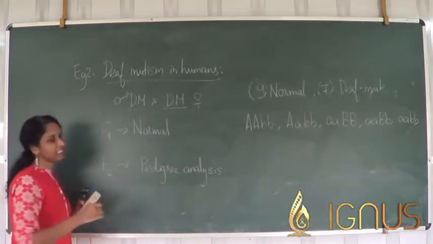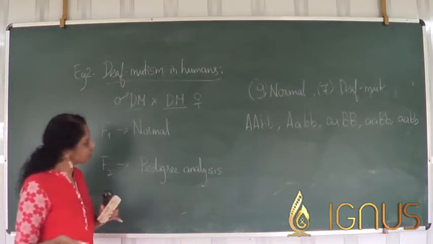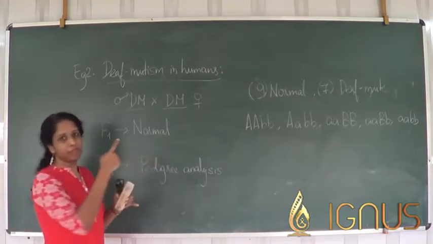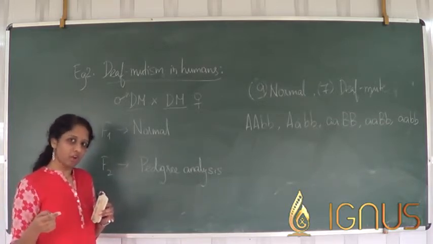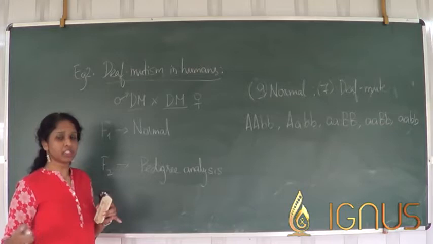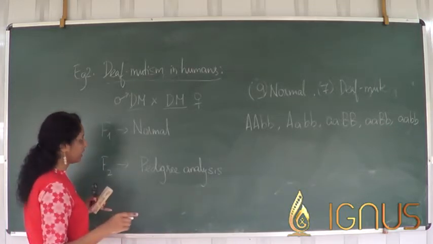So for the F2 generation, we can do pedigree analysis. So if you're taking a normal human being from the F1 generation and crossing with another normal human being from the F1 generation, so a selfing is happening.